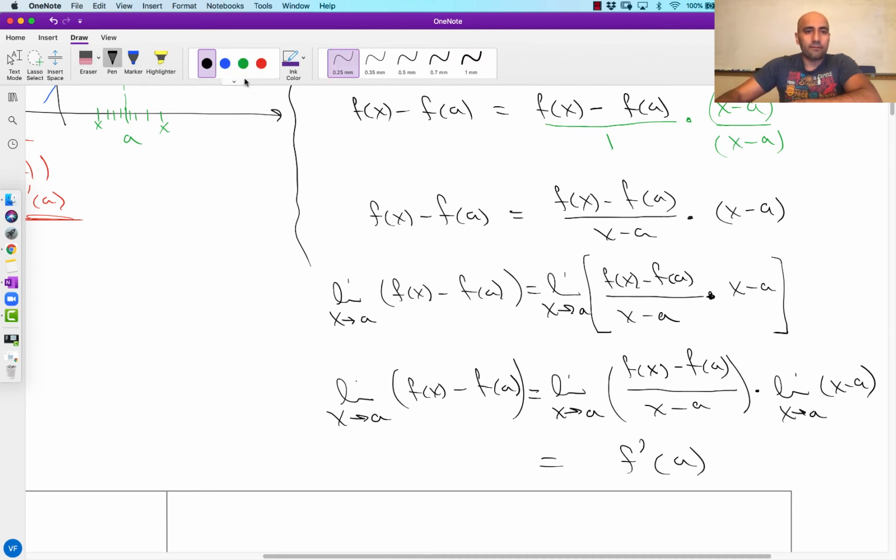All of this, the limit as x approaches a, is exactly equal to the derivative. Whereas this is just going to be equal to 0. As x gets infinitely close to a, x minus a gets infinitely close to 0.